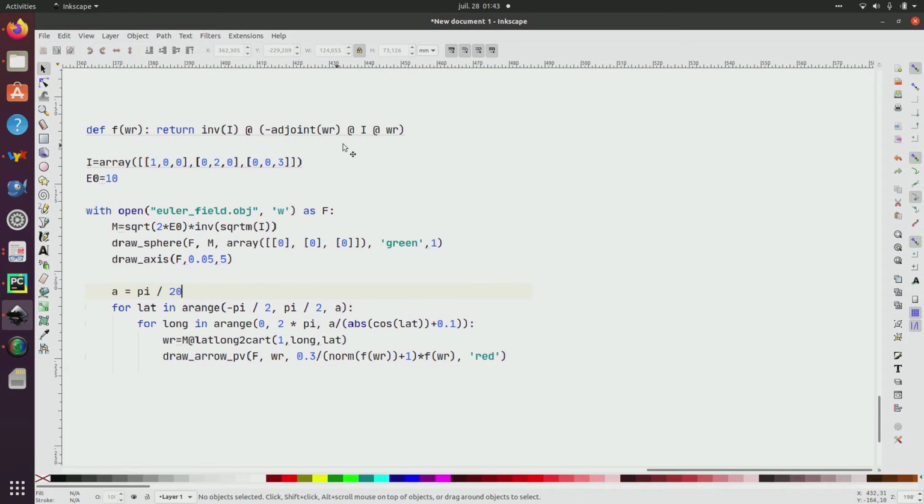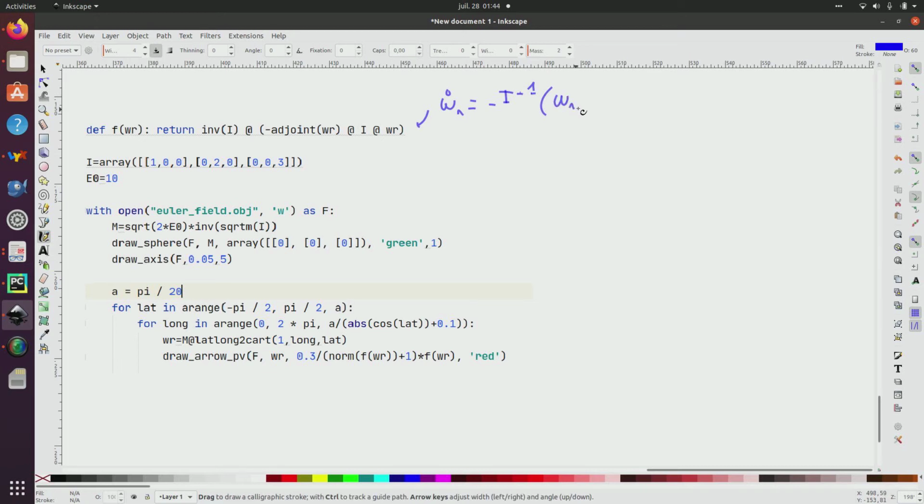In my program, I have my Euler formula, which tells me that omega dot r is equal to minus this one multiplied by the omega vector, I omega r. Because here this matrix corresponds to the adjoint of omega r.